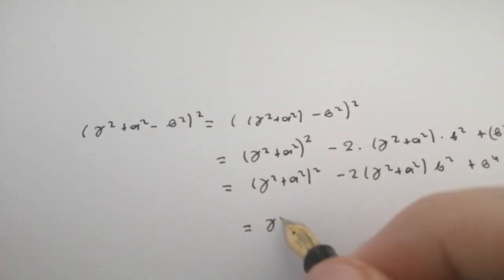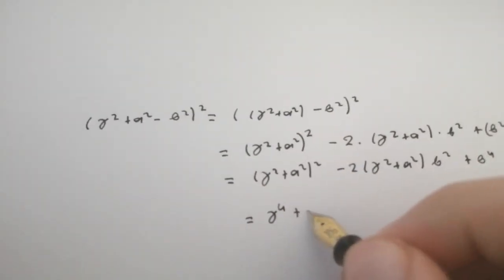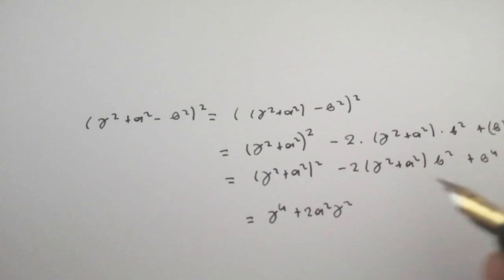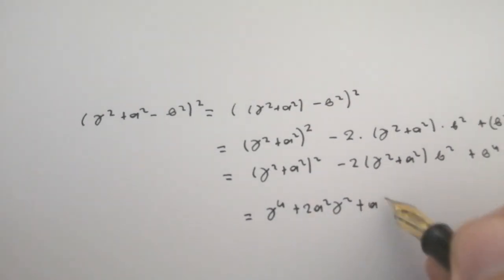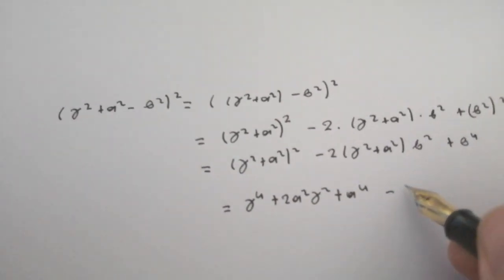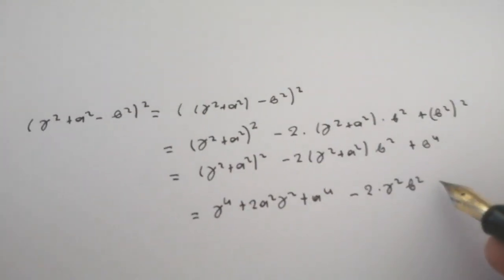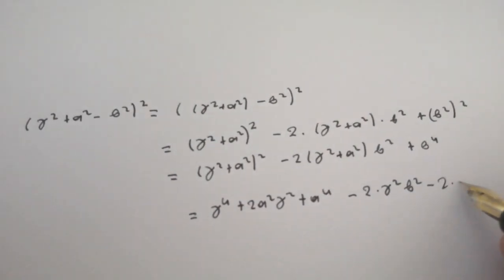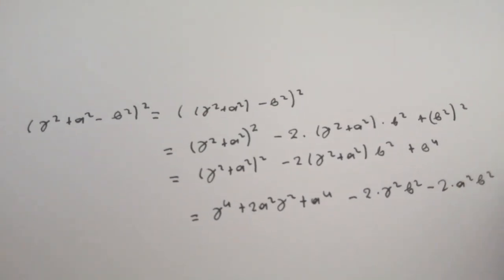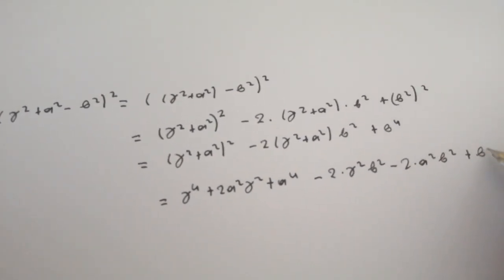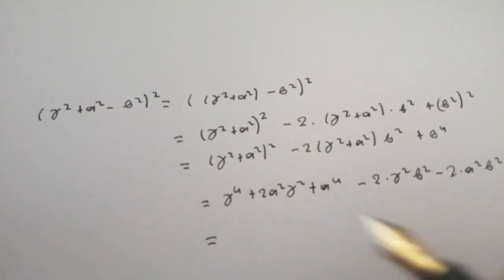So this is gamma to the power of 4 plus 2a squared gamma squared plus a to the power of 4 minus 2 times gamma squared beta squared minus 2 times a squared beta squared plus beta to the power of 4.